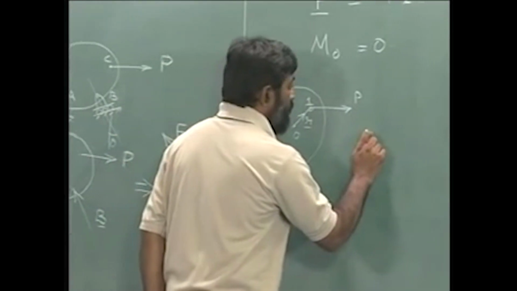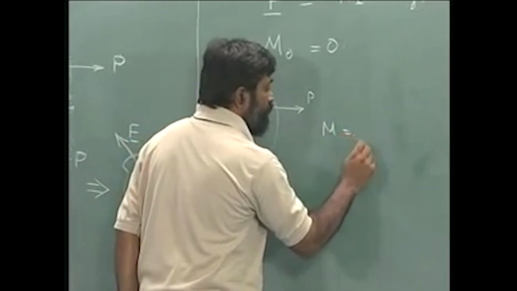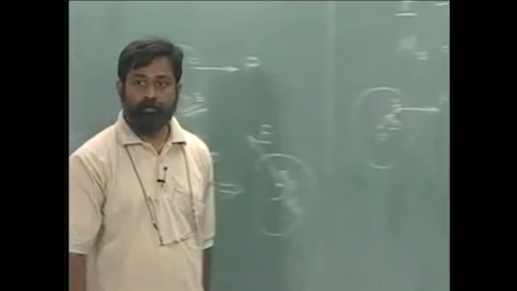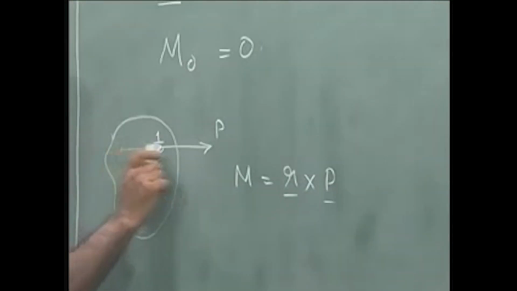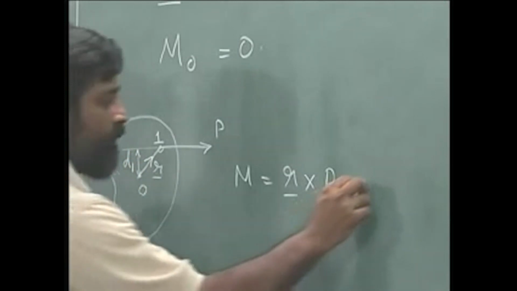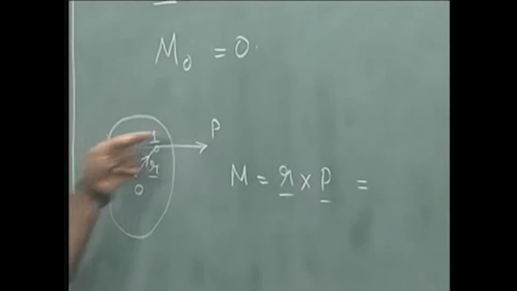Let us say this is the point, let me call this point 1, and let us say this is R, a vector R. Then the moment about this O for a force P can be given as M is equal to R cross P. In this particular case, since it is just a planar problem, if I find out the perpendicular distance here, let us say I am going to call this d1, then the direction is going to be like this.